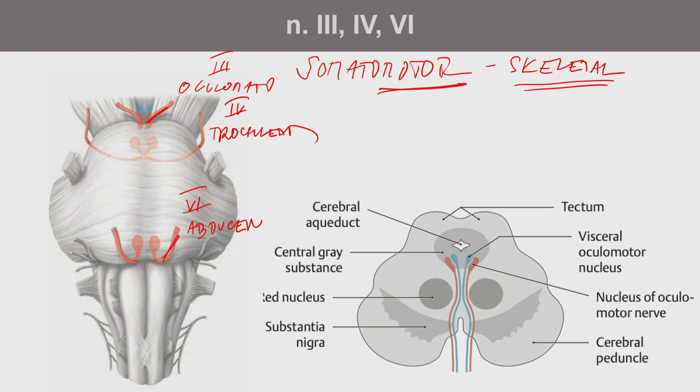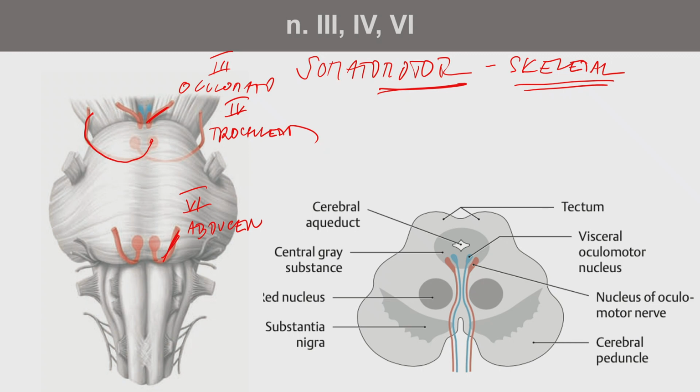You can see here that 3 and 6 are arising directly in the anterior aspect of the brainstem. Mesencephalon for 3, ponto-oblongate interface for 6, and the 4 has a special course. The special course is that it is the only nerve arising dorsally, rolling around the brainstem, rolling around the level of the pons, and anteriorly you can see those nerves.